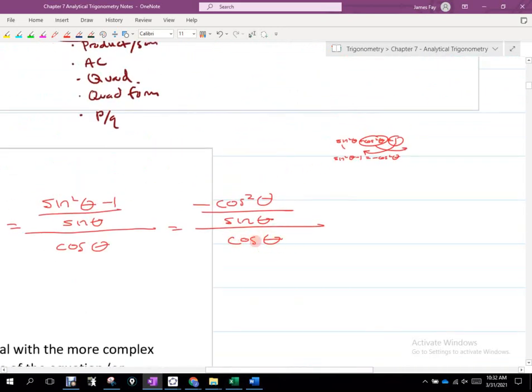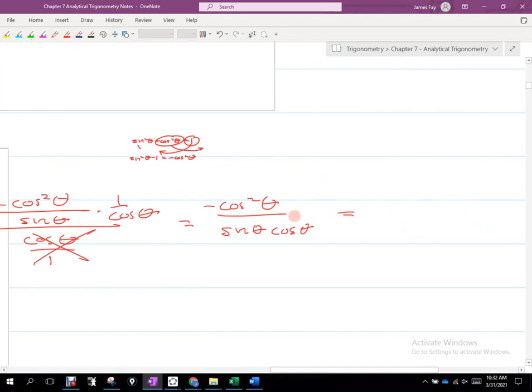What's the reciprocal of this thing right here? Okay, you're right, but we don't want to reintroduce secant and cosecant. So it'll be 1 over cosine. It cancels out there, right? And then you multiply. So now if I multiply straight across, I get negative cosine squared theta over sine theta cosine theta, right? Okay. What's going to happen with the cosines?